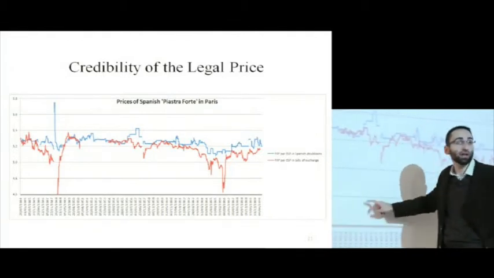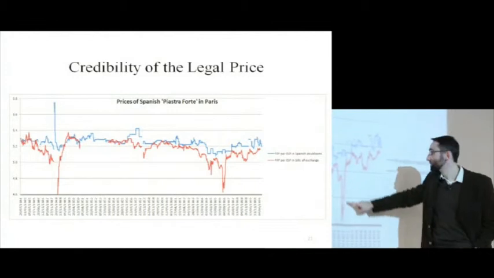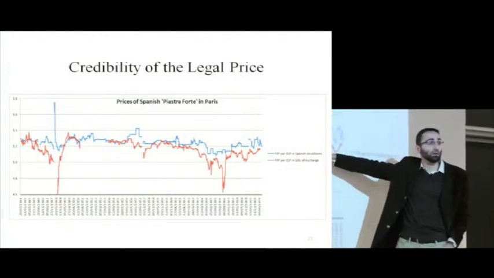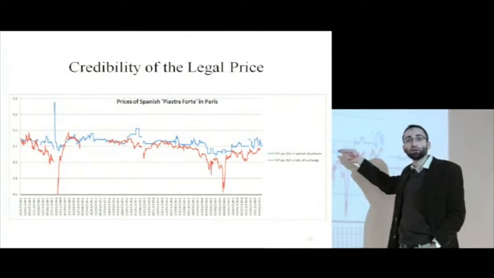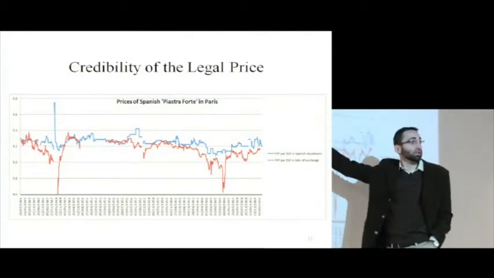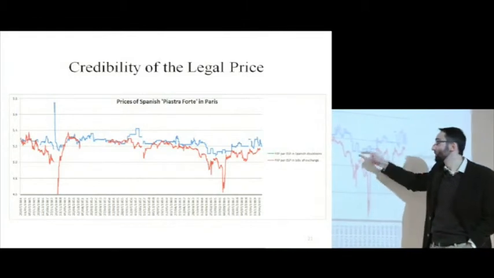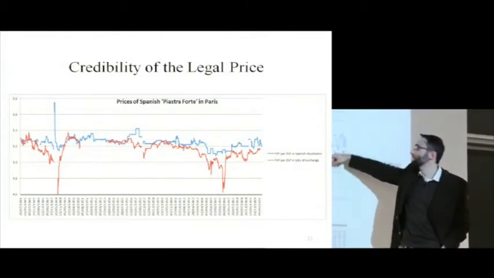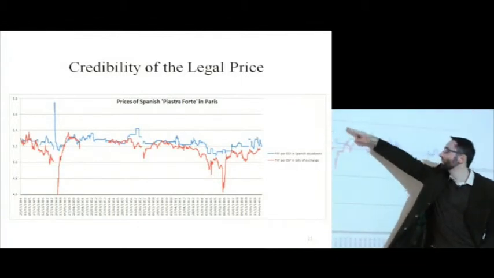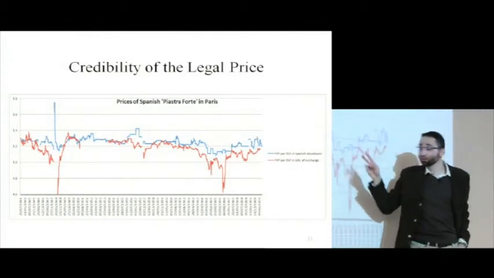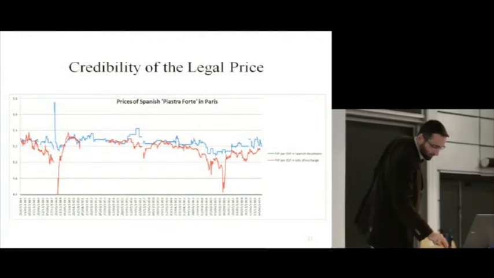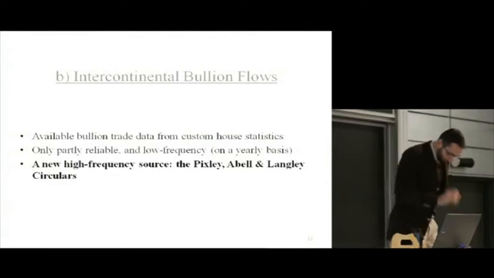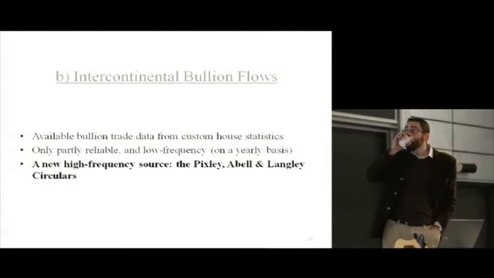These are times of harsh crisis in Spain, and so the credibility of the state's commitment to exchange this gold coin against an overvalued amount of silver is not credible anymore. So that's why in this period you see a collapse, and then in other periods you see it going again to its legal price.